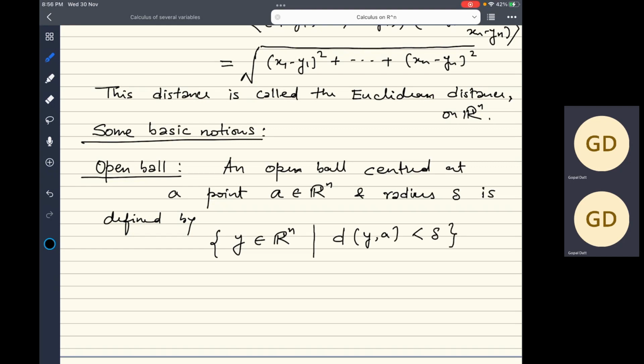We will denote this set by B(A, delta). This is open ball.